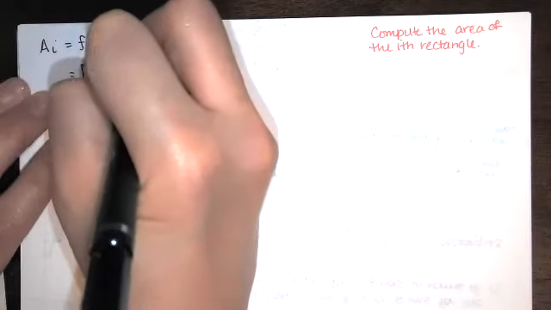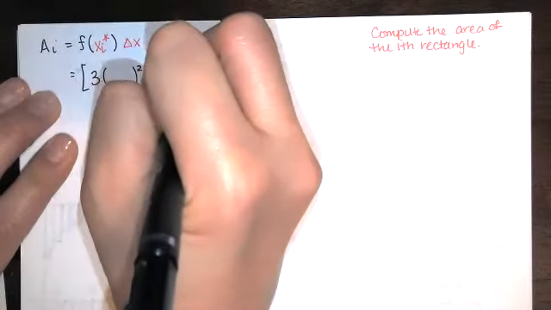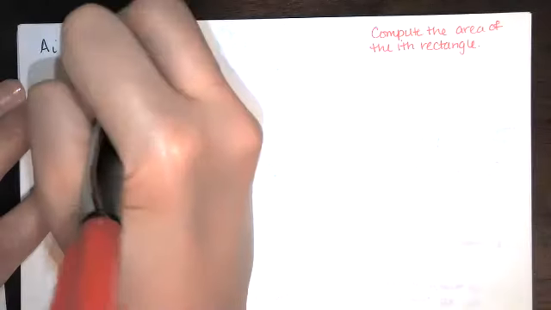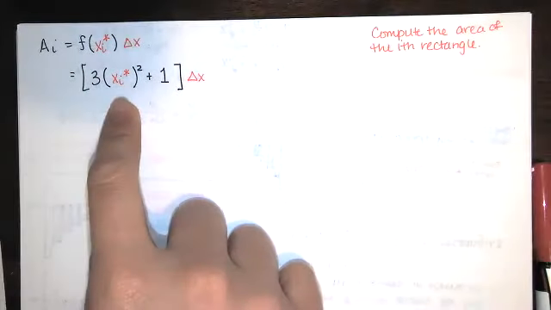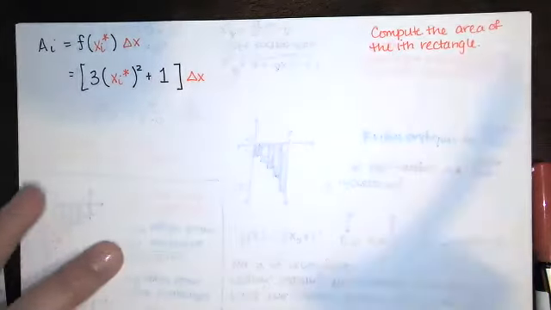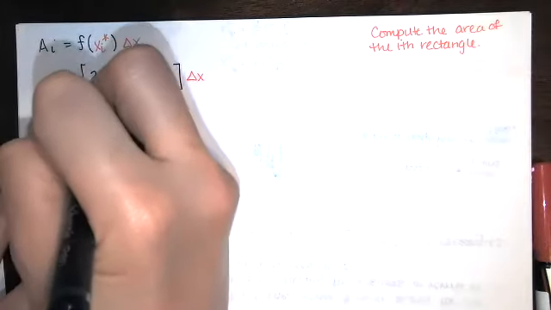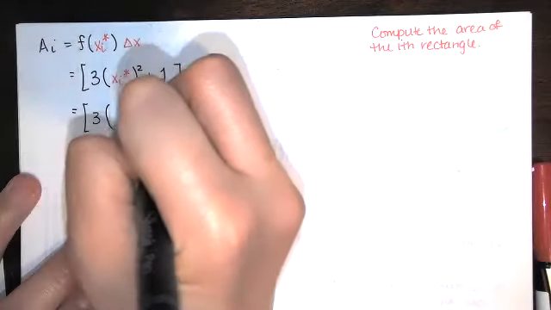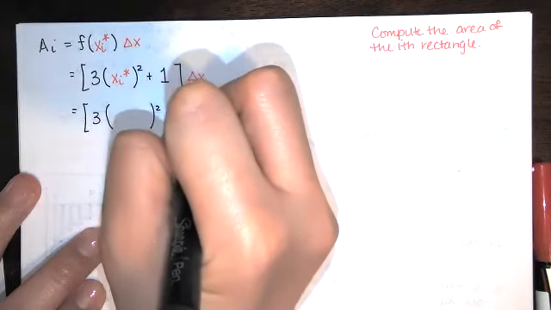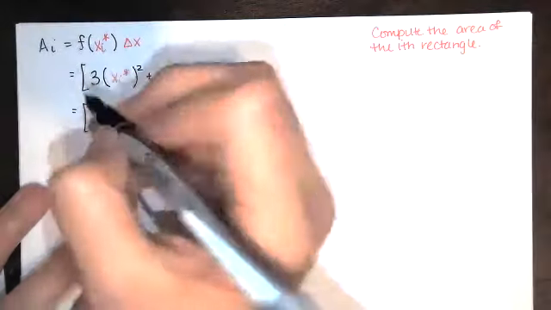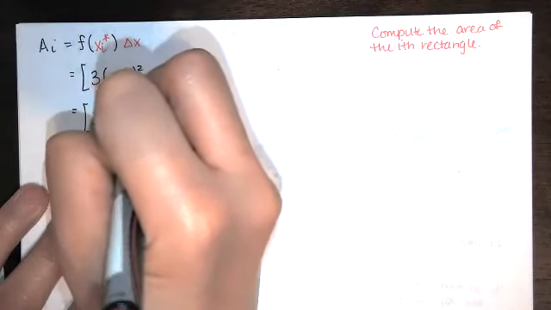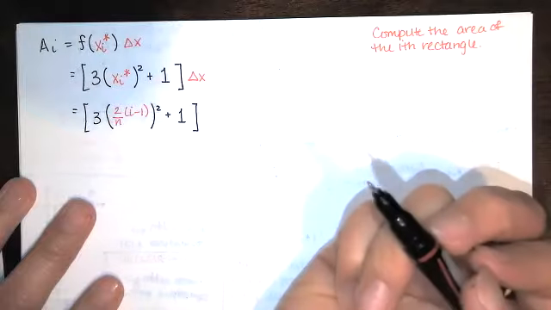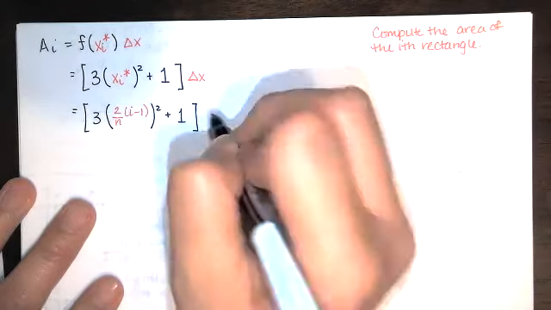Well, our function was 3 times our x value squared plus 1. And then we just substitute in that x sub i star and the delta x that we calculated earlier. For our problem, x sub i was 2 over n times i minus 1. And we're squaring that. And then delta x was 2 over n.